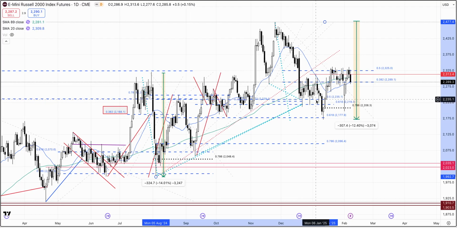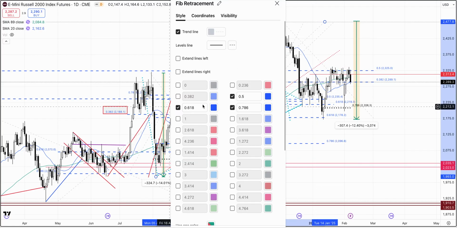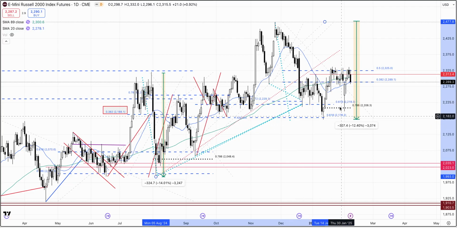I'm actually going to clean up my chart a little bit so it's easier to see. And here we go. So it just remains range bound, but also finding a lot of supply right at the 50% level. So this is what we are watching in these key indices.